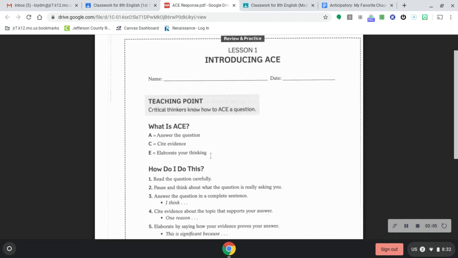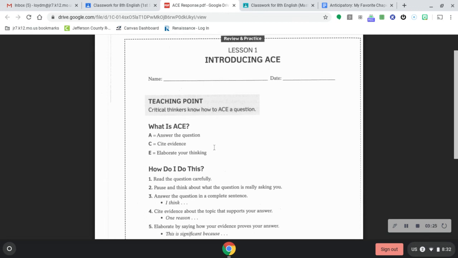Then elaborate your thinking. That's the explanation of why it's figurative language and what it's saying. So you're going to answer the question with that there's figurative language there. You're going to cite evidence of what the figurative language is, and then you're going to elaborate and tell me what that figurative language means.